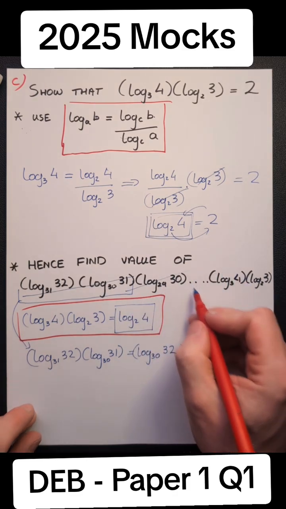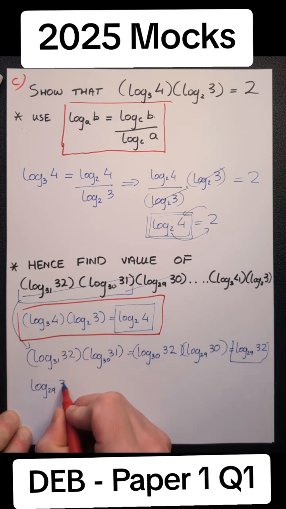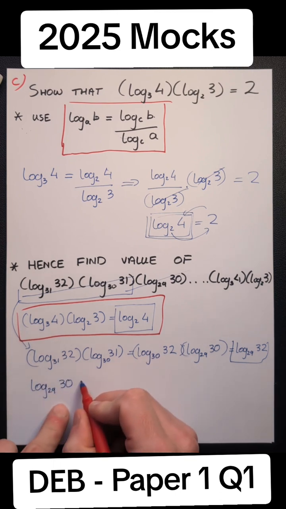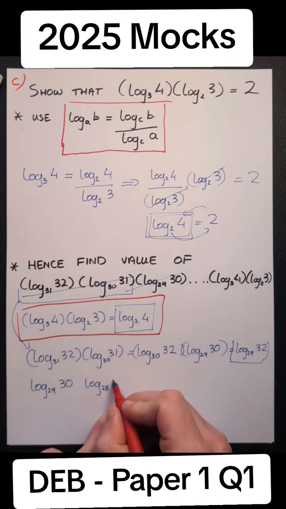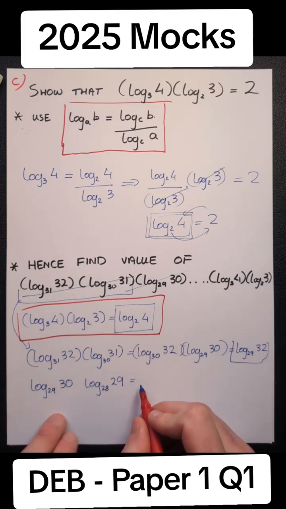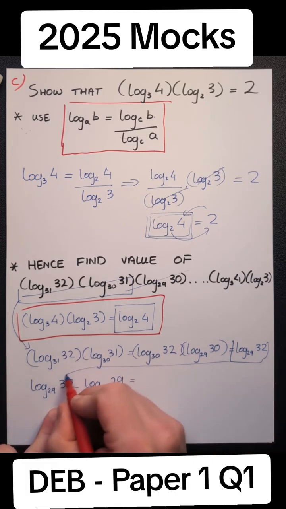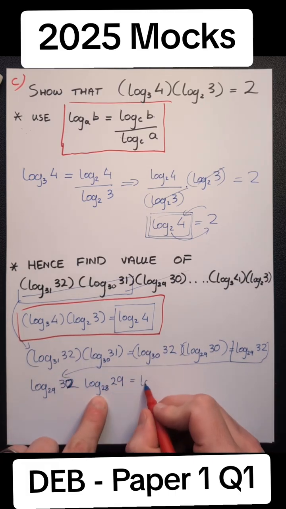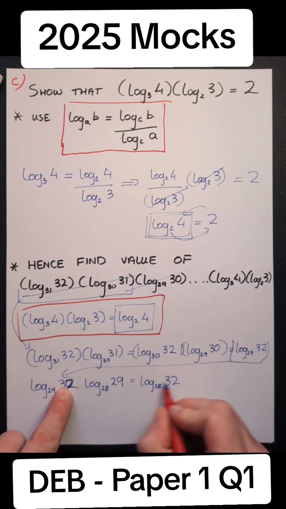And now what comes after him? Well, we still have the log base 29 of 30, and what looks to come next would be the log base 28 of 29. And this is 32, this answer up here brought over here. So we could say this is equal to the log base 28 of, again, 32.